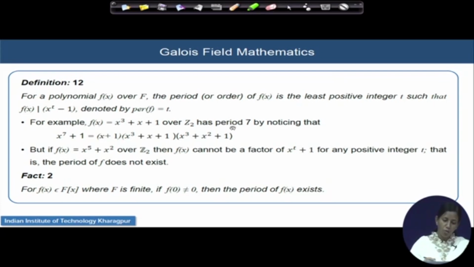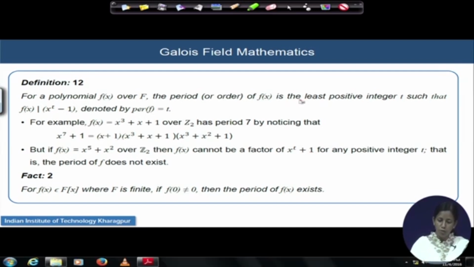Period means the order of f x, with the least positive integer, denoted as t, such that this polynomial f x divides x to the power t minus 1, and we denote this period of f as equal to t.